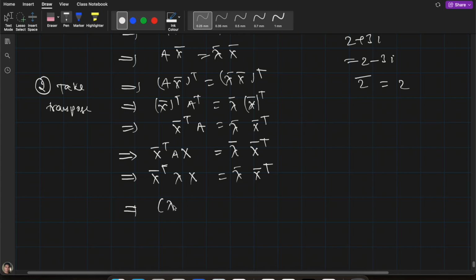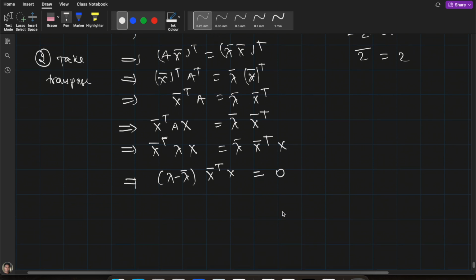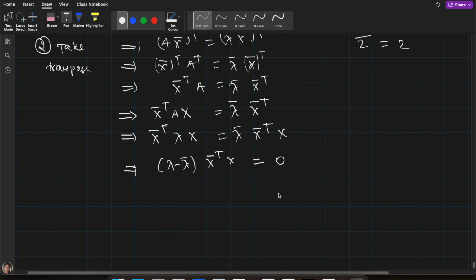You will get lambda minus lambda bar times x conjugate transpose x equal to 0. Can you tell me what will be the value of x transpose x? Will it always be greater than 0?